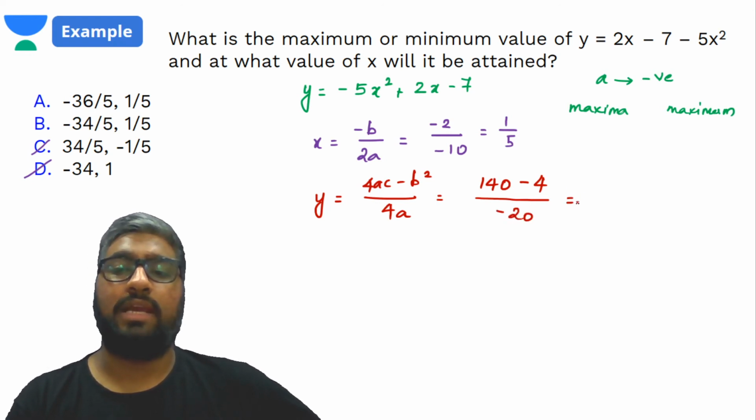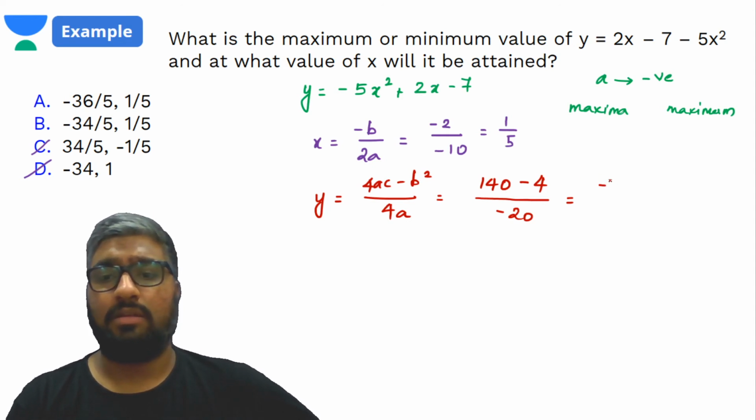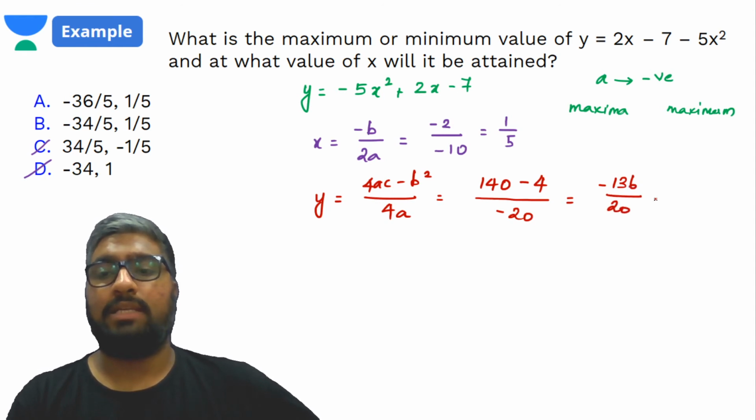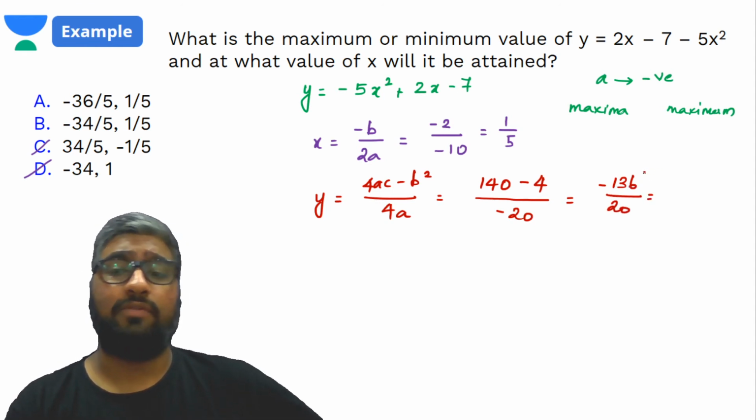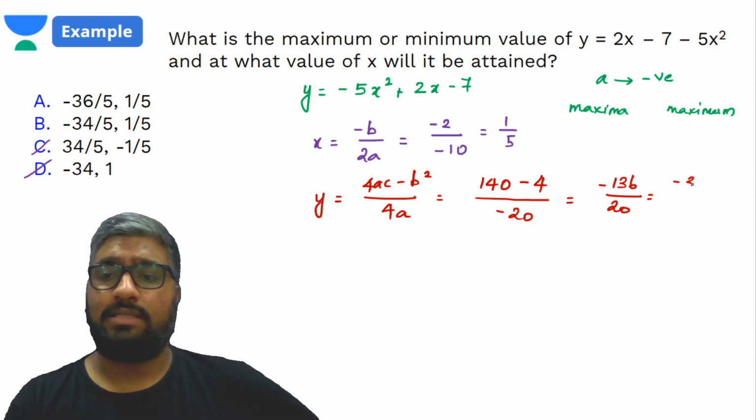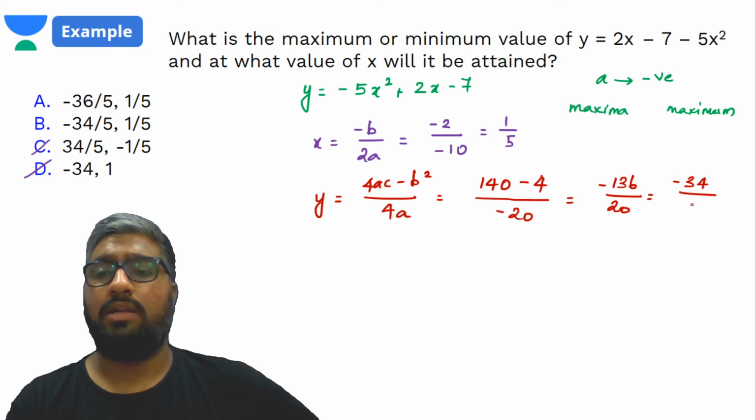So you would get 136 by minus 20, or minus 136 by 20, which, if you divide it by 5, you would get minus 34 over 5.